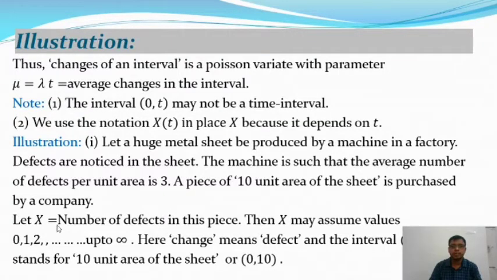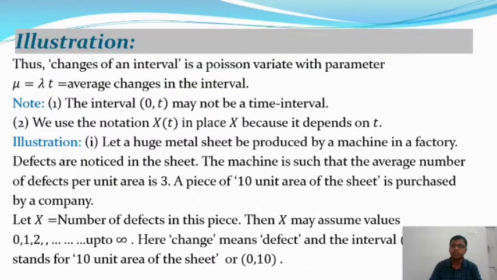So here capital X is equal to the number of defects in this piece. Then X may assume the values 0, 1, 2, 3 and up to infinity, and X is the random variable.